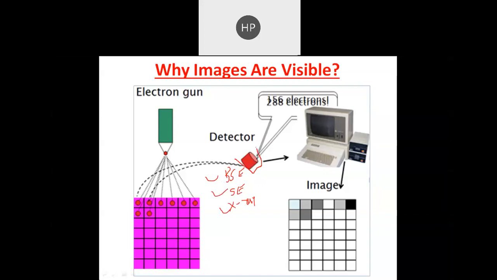From the detectors the signal is transmitted, and then by use of a computer we are able to generate the image.